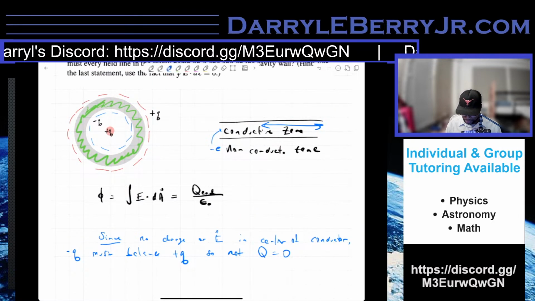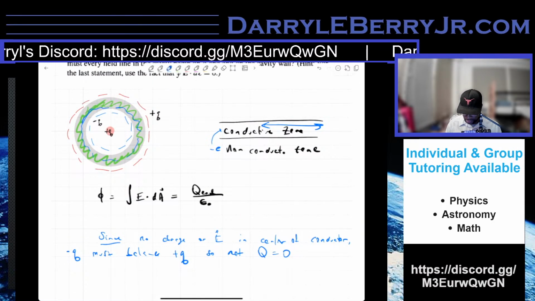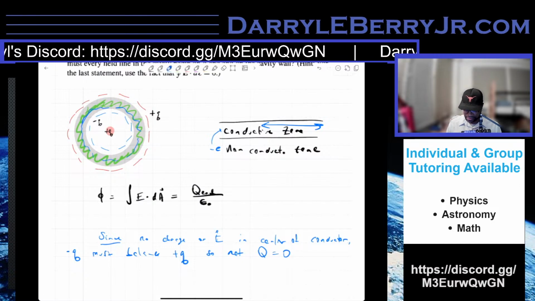So the net charge at this Gaussian surface is zero. It has to be because it's a conductor.